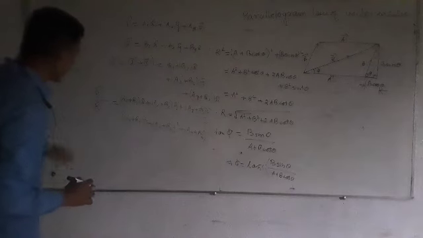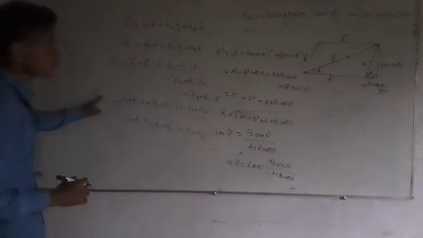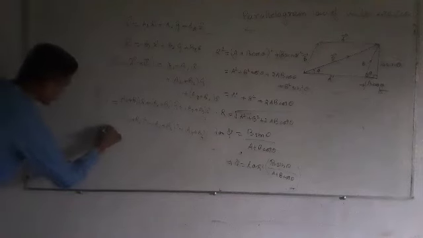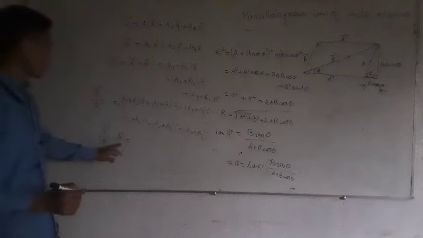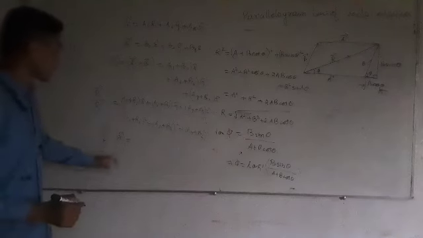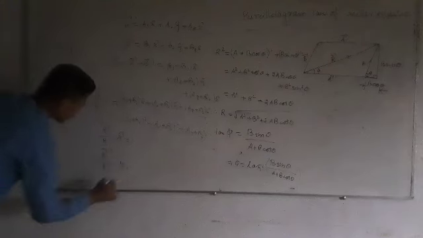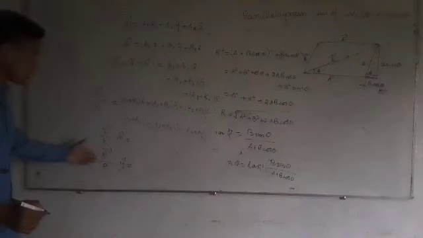Now, if I have to find in particular the orientation of the resultant vector, I find the dot product of R vector by R with x cap, and it gives the cosine of the angle made by the resultant vector with the x direction. If I find the product of the unit vector of the resultant with the y direction, it gives the orientation of the resultant vector with the y direction.